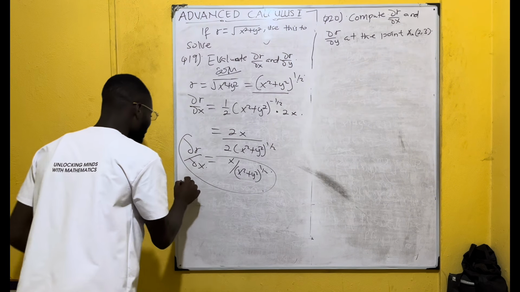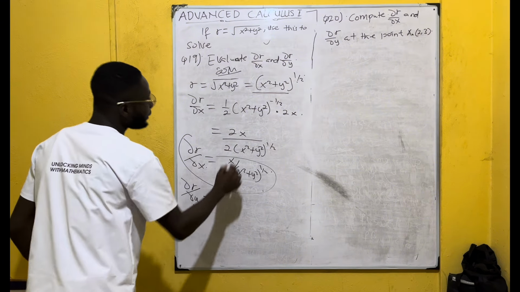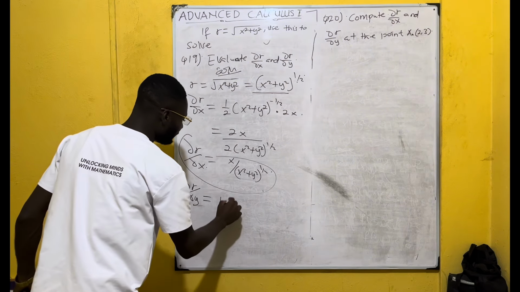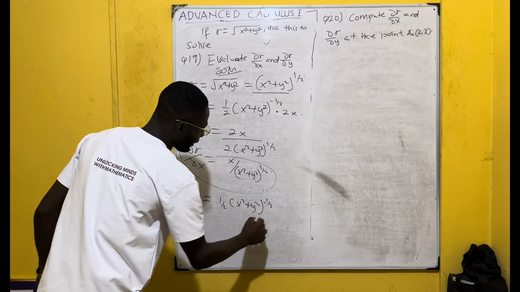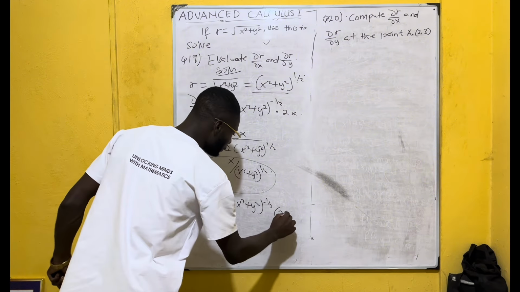Now the partial of R with respect to y. We are going to do the same work. We drop the half, x squared plus y squared to the power minus half. Then this time we differentiate with respect to y. So we have 2y.